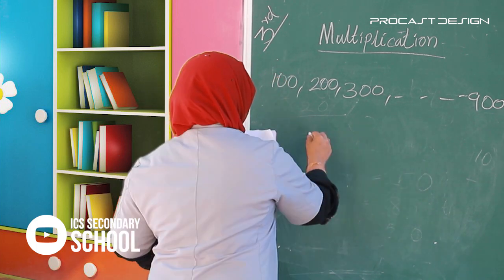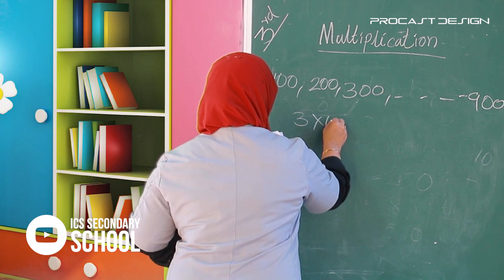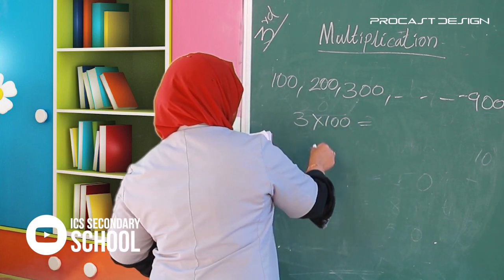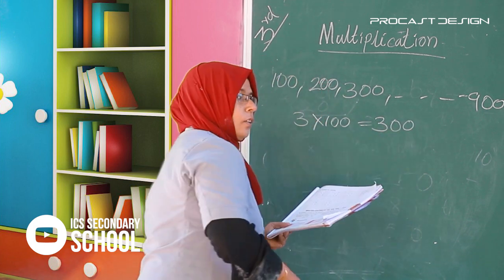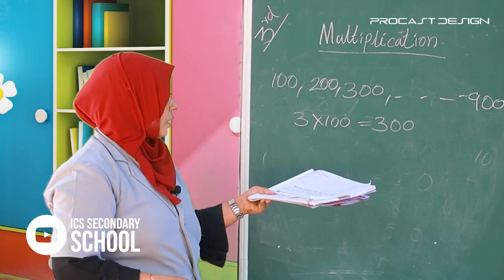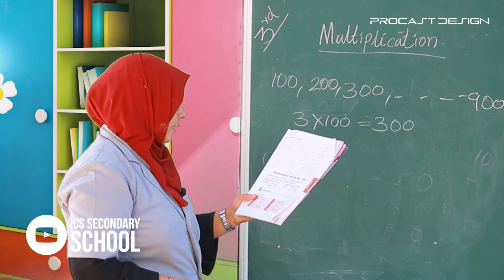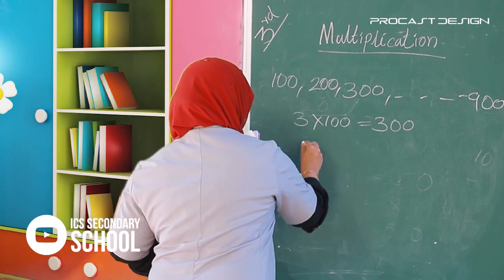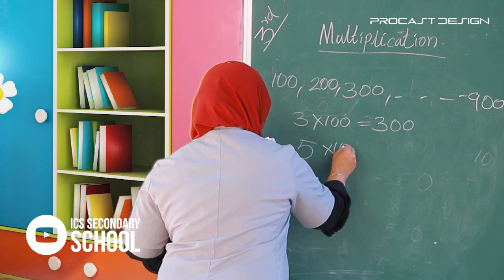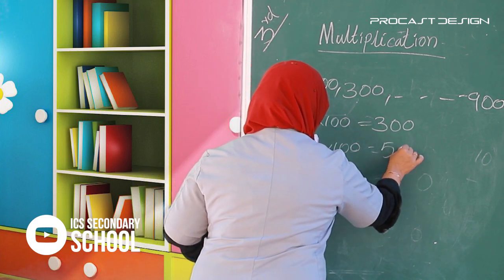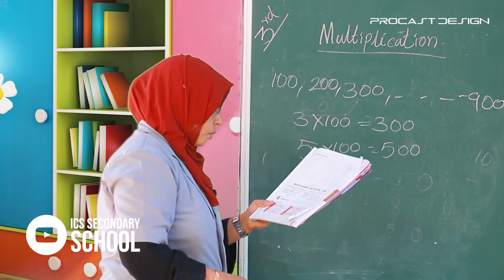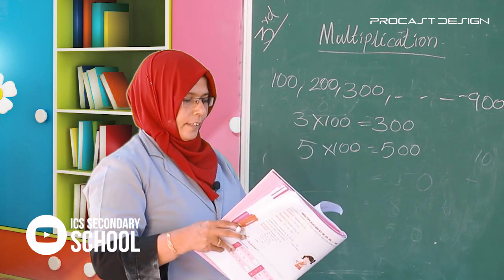Listen. 3 into 100 equal 300. Next, 5 into 100 equal 500.